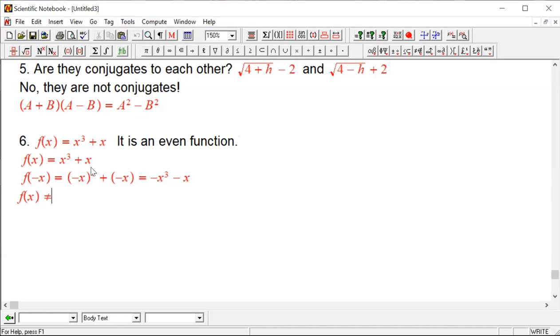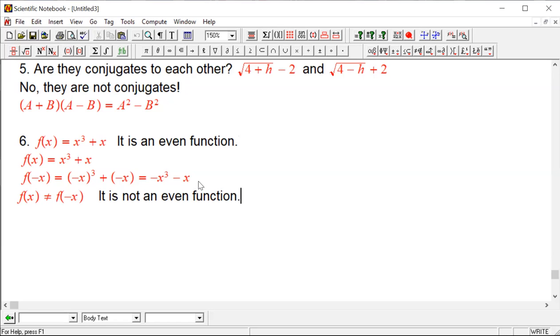That's the definition of an even function if these were equal, but they're not equal. Therefore, this is false. It is not an even function. That's pretty straightforward to answer. In fact, it's an odd function.